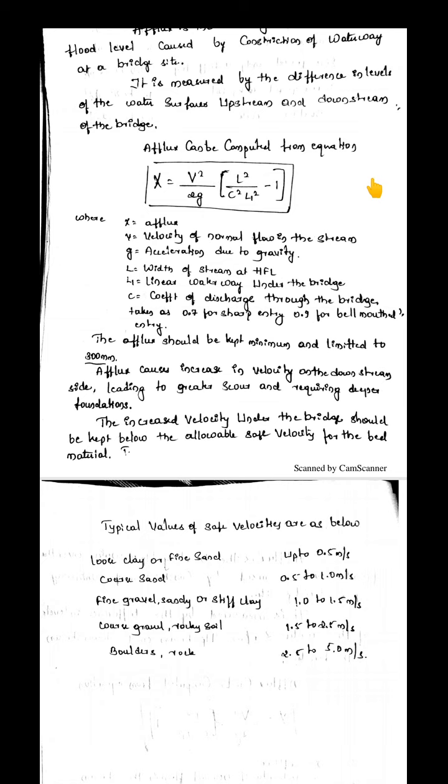Here we have fixed the velocities depending upon the soil capacity. When it is loose clay or fine sand, the velocity of water should be kept up to 0.5 meter per second.